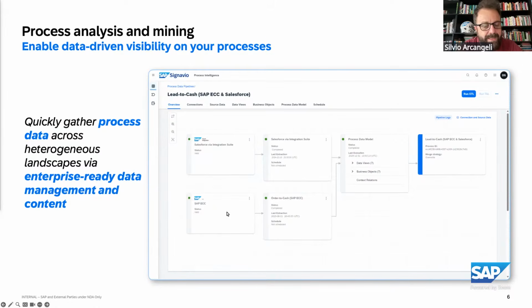So reducing the effort that it takes to have the right information so that you can do analysis on top of it, both via content and via dedicated features that are specifically designed for process data models, which are a little bit different compared to traditional BI.